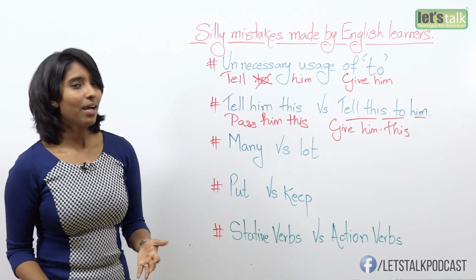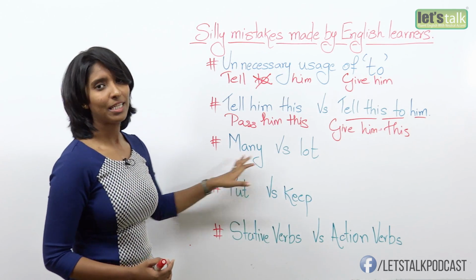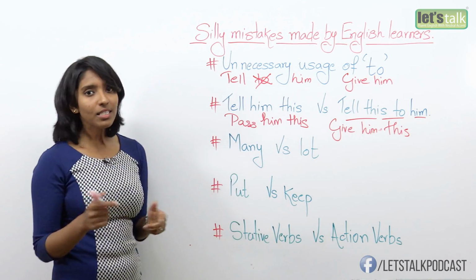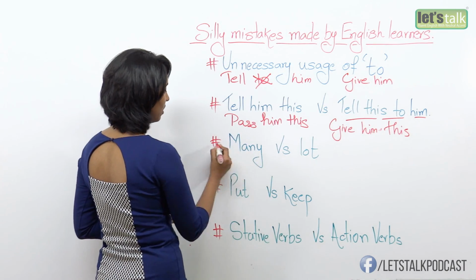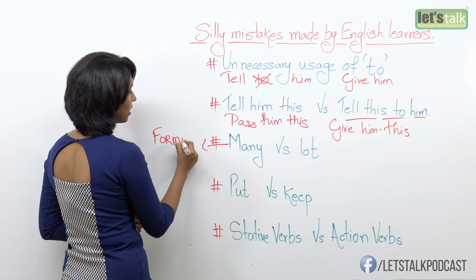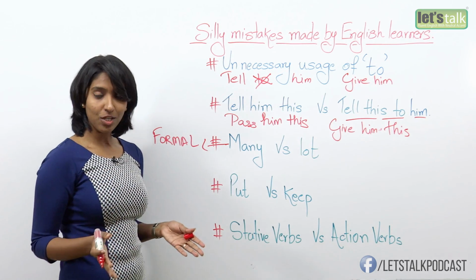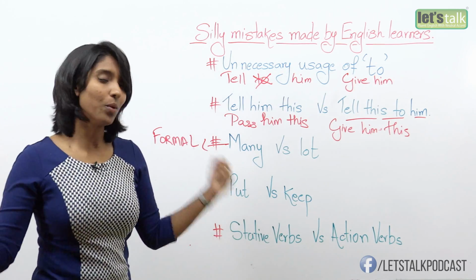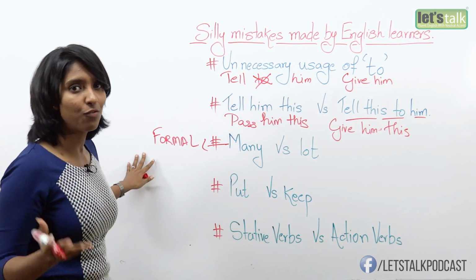A lot of people have the confusion when they're using "many" versus "lot". Which one should I use? Well, first things first, "many" is actually used in formal English more often than not. Again, it's more often than not, so don't take my word by word, okay? "Many" is usually used in formal.